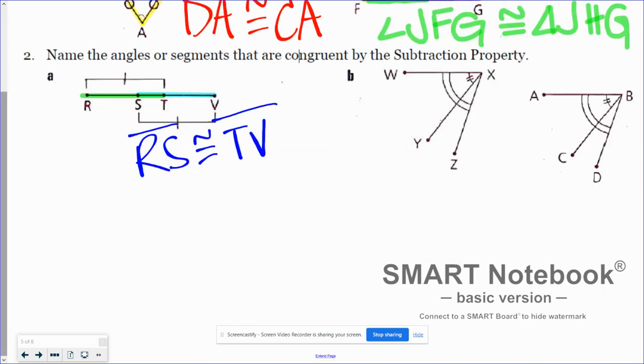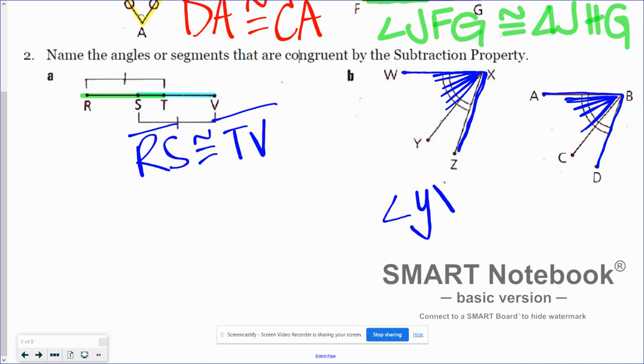In problem 2b, we can see that the big angle WXZ, given by the double arc mark, is congruent to angle ABD. We can also see that this angle right here, WXY, is congruent to this angle here, ABC. So using some angle subtraction, what can you prove to be congruent? That's right. You can prove that angle YXZ is congruent to angle CBD.